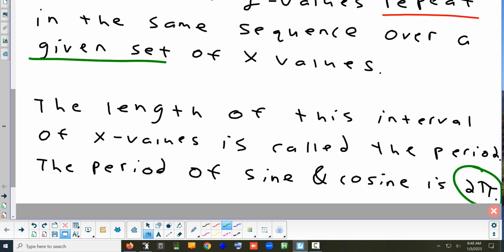Does anybody remember what 2 pi is the same as in degrees? Yeah? 360 degrees, yeah? So the idea is if you travel 360 degrees on the x-axis, after that, it's going to repeat itself.